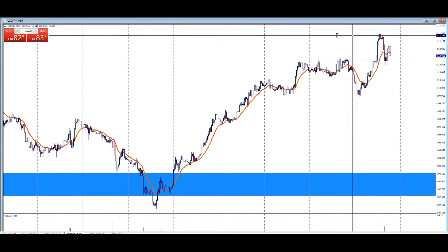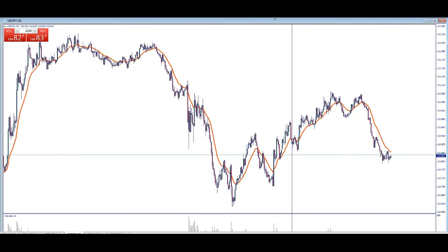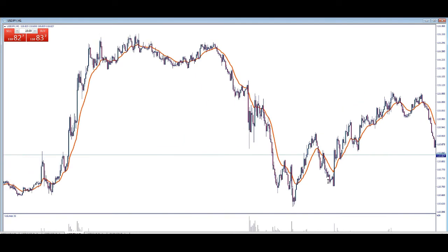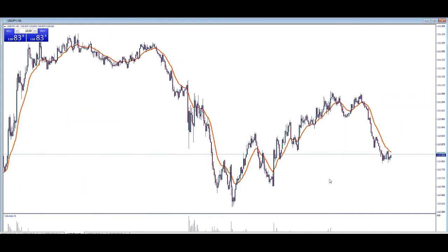So when I dug down into the smaller time frame charts, I saw this heavy rejection in here, and when I saw the market come here, press higher, and then start to fade, this is where I started looking for some shorts.